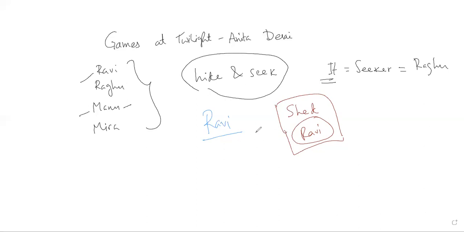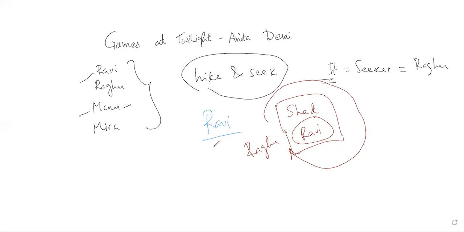At one stage, Raghu came and went around the shed, but Raghu could not find Ravi's position.